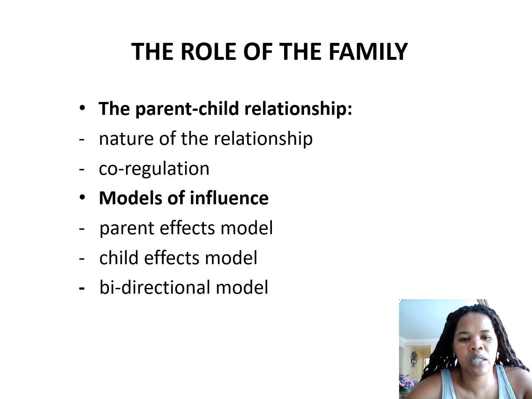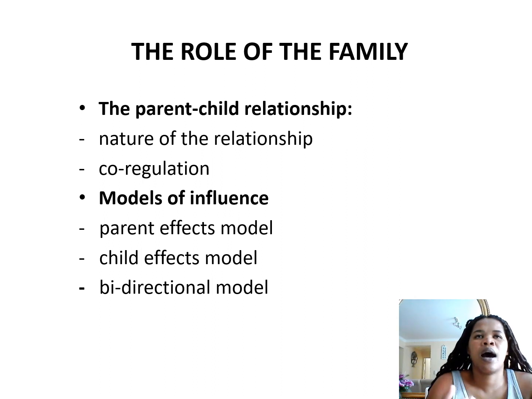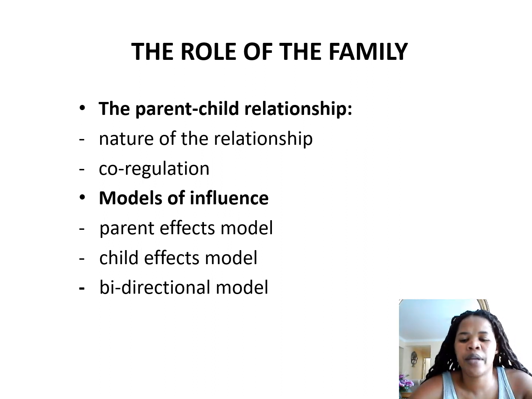So the parent-child relationship, the nature of the relationship, is very important. Co-regulation. The children should also see how the parents regulate their emotions. And if a child sees mom and dad fight, ideally they shouldn't see them fight, especially aggressive fights.